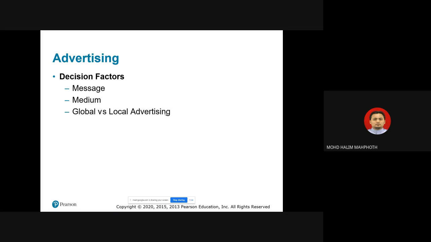Advertising: we have a number of decision factors. What message do we want to deliver to our customer? Some can be direct, some can be indirect. You can see Milo, for example.